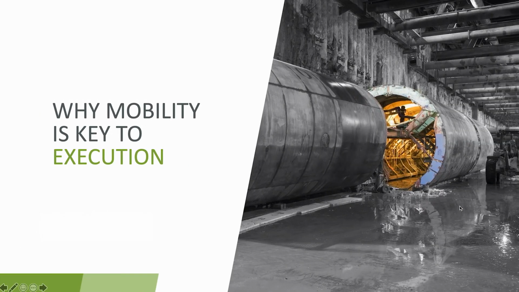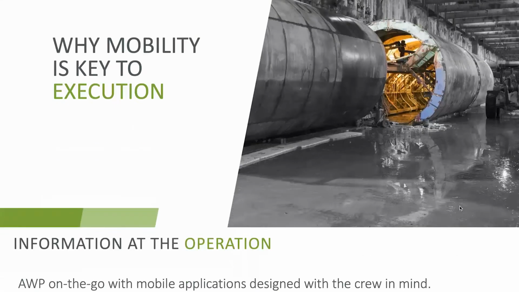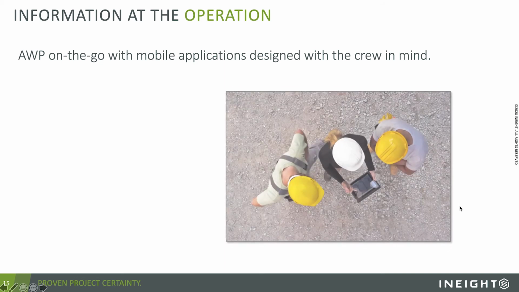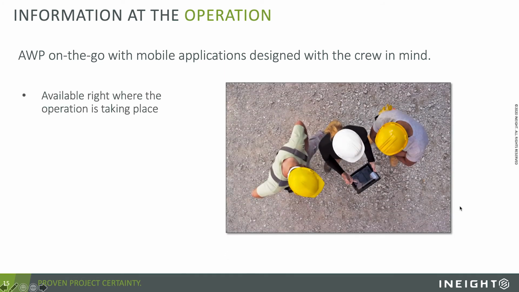And why did InEight focus on mobility as the driver and the delivery vehicle for those plans? Well, it begins with having the information available at the operation. It's advanced work packaging on the go with the crew in mind. Your information is available where the operation is happening, not at a kiosk, not back in the trailer, but exactly where the crew is doing the work.